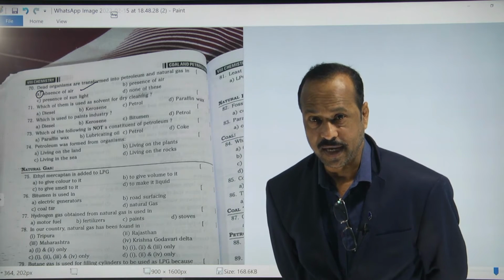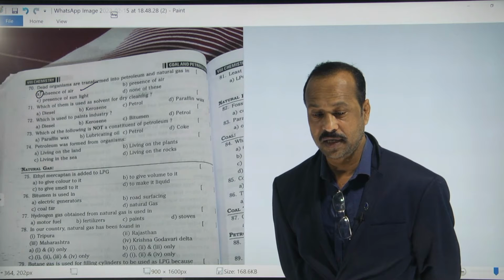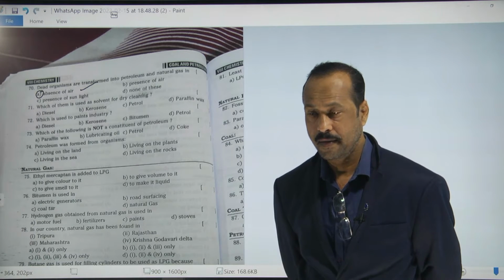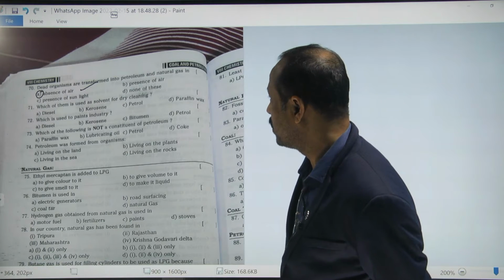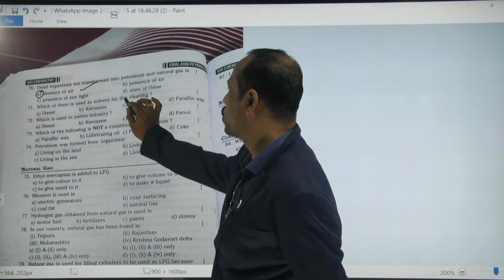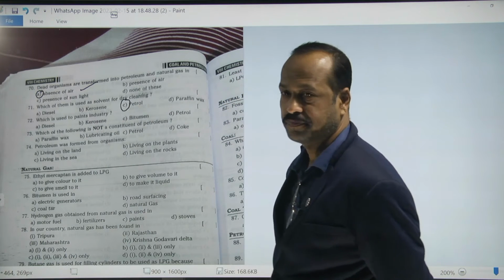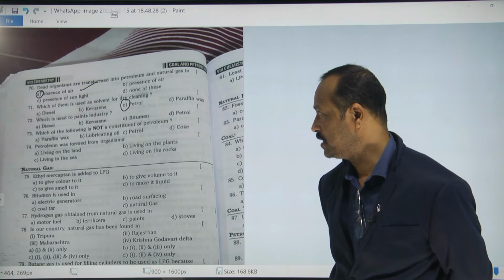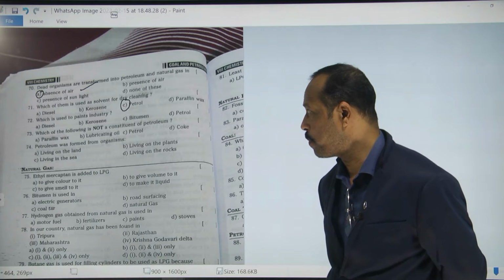They give it for dry cleaning. So in dry cleaning, which chemical is used there? The answer is C. Petrol is used there. What is used? Petrol. Next, which is used in the paint industry? In the paint industry, what do they use?